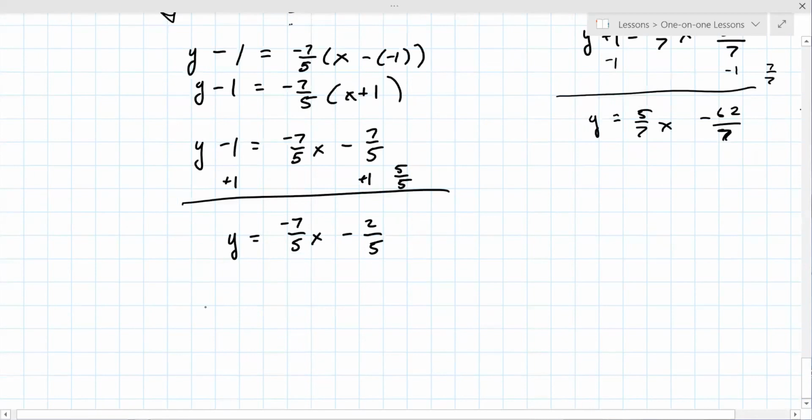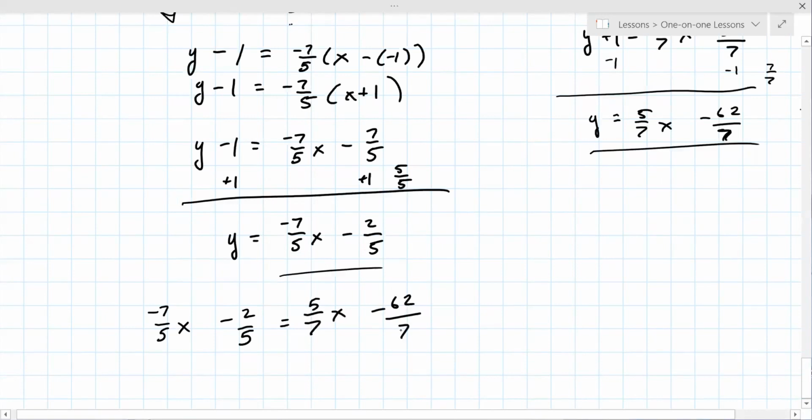So we're going to set these two equal. Negative 7 over 5x minus 2 over 5 equals 5 over 7x minus 62 over 7. So the number to multiply by is 35.